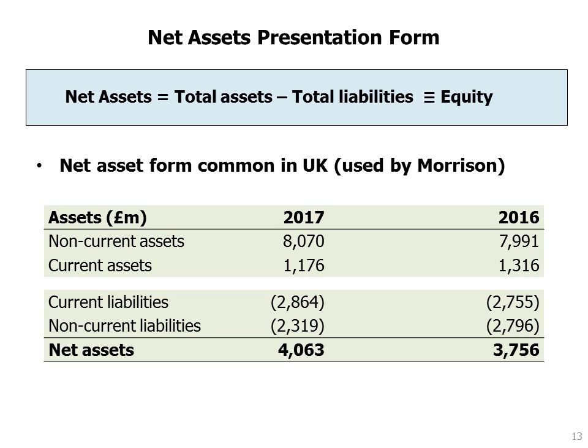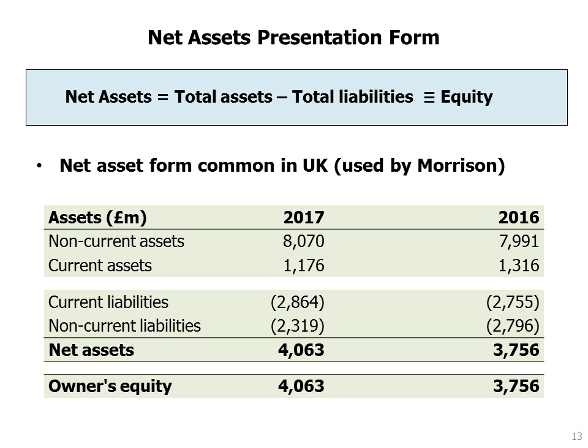This doesn't actually make sense in that if I owe a bank money, I don't talk about having a negative amount. Nevertheless, the liabilities are presented as negative numbers. Subtracted from the assets gives net assets of 2017 of £4,063,000,000, funded with owner's equity of £4,063,000,000.